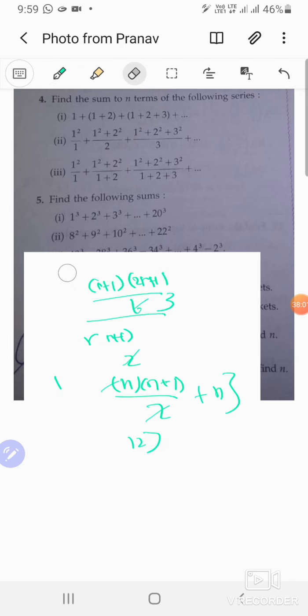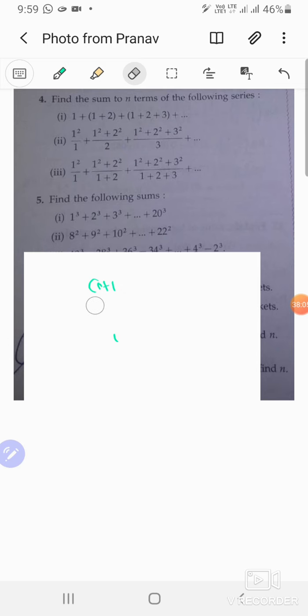Okay, the next thing is find the following sums. This is repetitive. 1 cubed plus 2 cubed plus 3 cubed all the way till 20 cubed. We know that the summation from r equals 1 to n of r cubed is equal to n squared into n plus 1 squared upon 4.